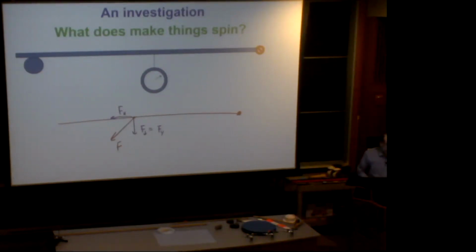A component that is parallel to what? Well, this is the hinge or axis of rotation. People call it O. This is where my force is being applied, a specific physical location, a point.